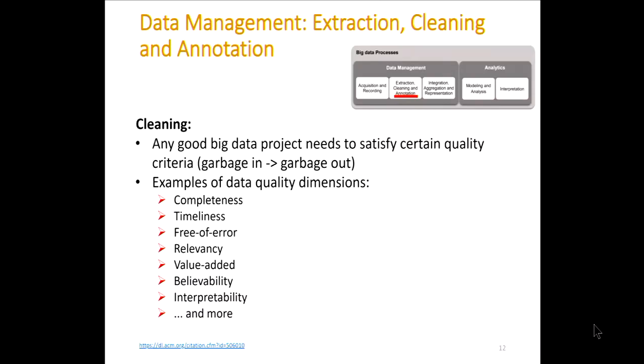So data quality comes in different ways. There is completeness of data. So if it is telling you something, and let's say there is a sensor, for example for an image, there is a camera that distorts part of the image all the time.